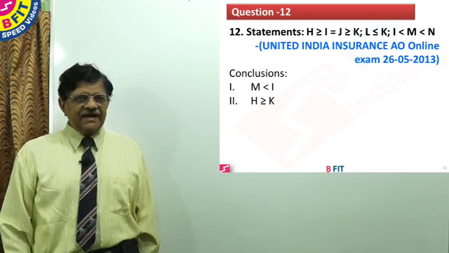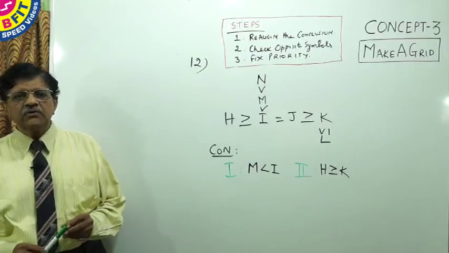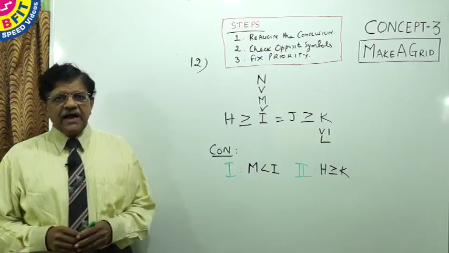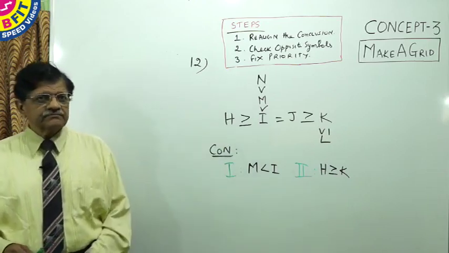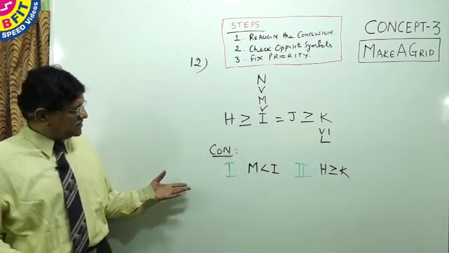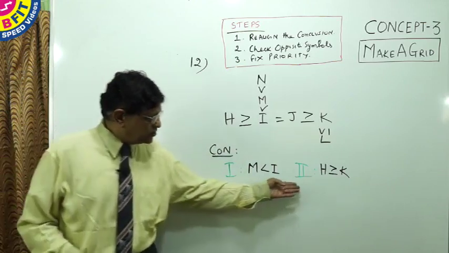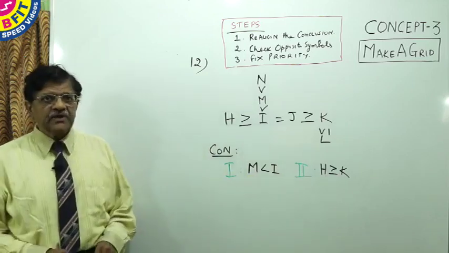See, in this question, question 12, the statement is the same as given in 11, and we have already drawn the grid. The grid is before us, and we have to test two conclusions. Conclusion 1, M is less than I, and conclusion 2, H is greater than or equal to K.